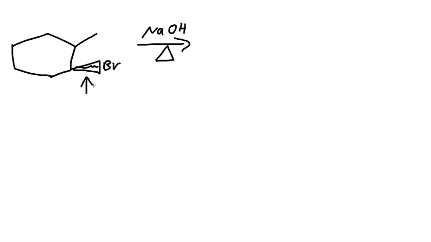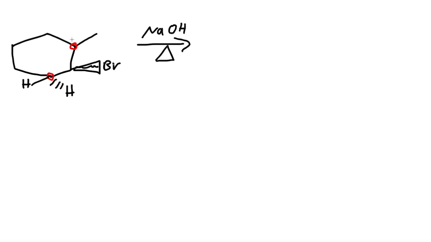We have a wedge, which means the beta hydrogen should have a dash. Let's say the beta carbon, 1 carbon away, would be here and here. Looking from this carbon, we see that one of its hydrogens we can give a dash. So that means this is anti-coplanar, and E2 can happen here.